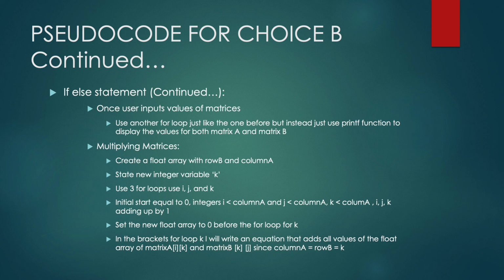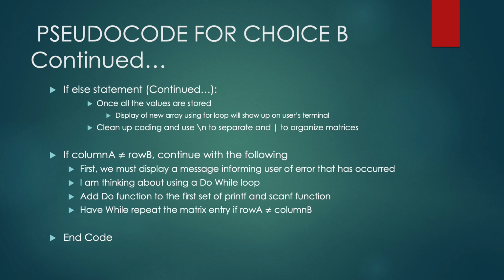We will set the new float array element to 0 before the for loop for K. In the brackets of the for loop for K, we write an equation that adds up the products of matrix A at I and K and matrix B at K and J, since column A is equal to row B, and this is added into the new array.